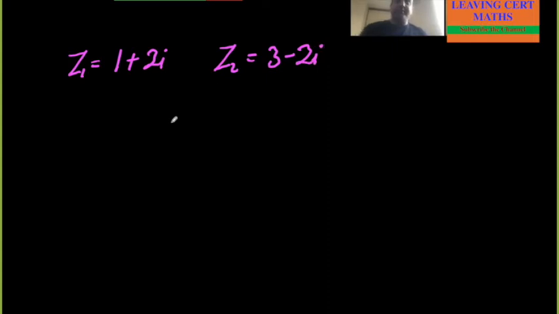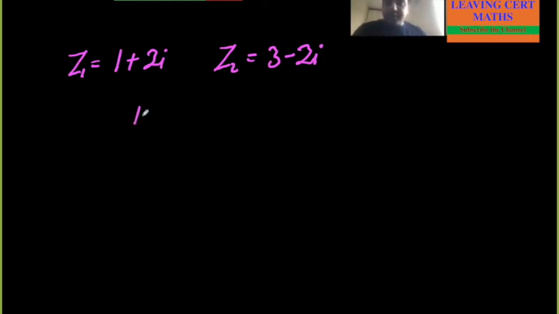So just for example, let's do one more. You can try by yourself. z1 is equal to 1 plus 2i and z2 is equal to 3 minus 2i. Can you multiply them? 6 plus 4i.